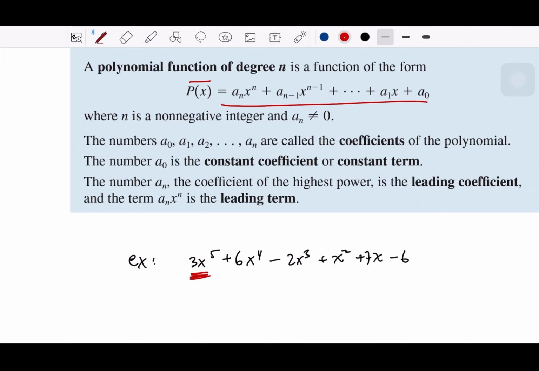This is the leading term, and the polynomial is degree 5, the highest degree of the polynomial. And this will be the constant term. The other parts are not really important. As long as you know which one is the leading term and the constant term, you can define your polynomials.